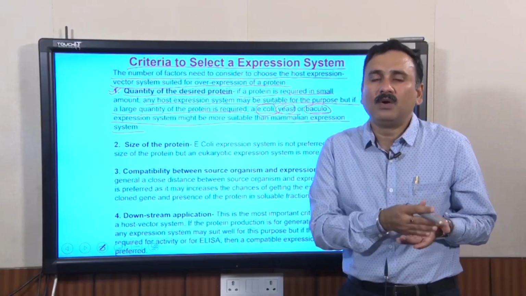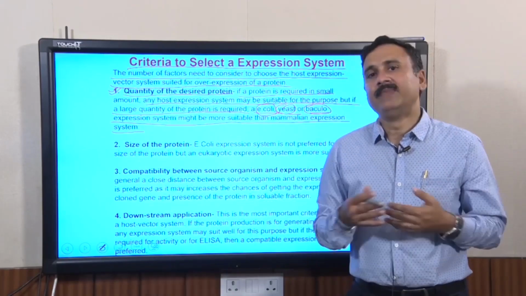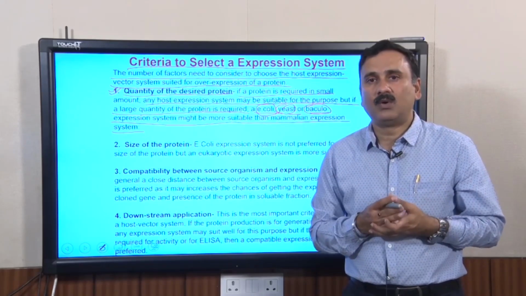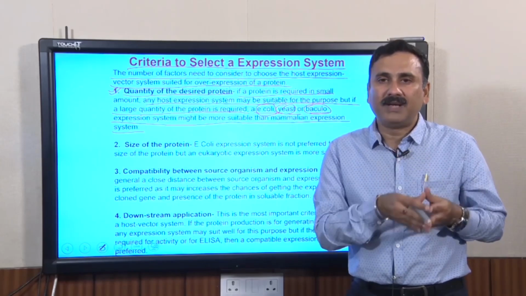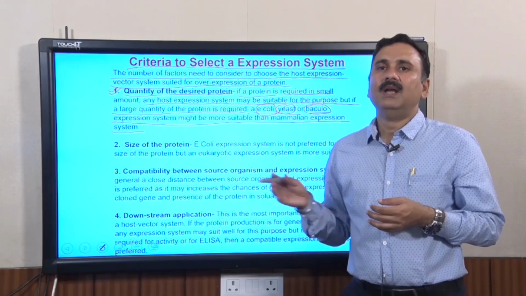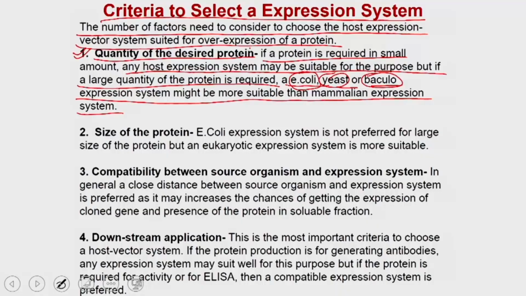For example, if you want to use E. coli as a source of producing your protein, then the cost of preparing the media and manipulating these cells is going to be much lower compared to the mammalian expression system.